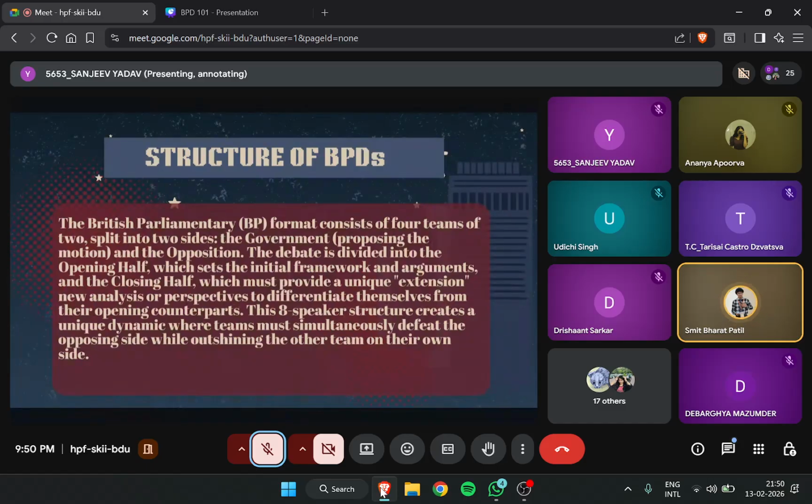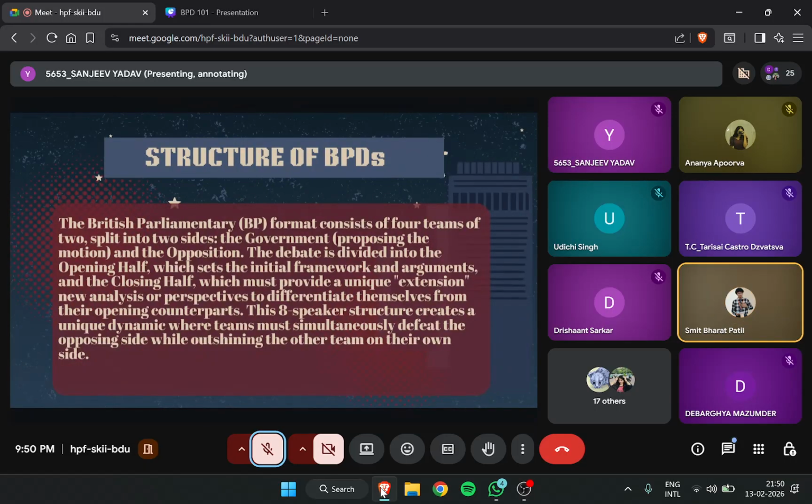Now, these eight speakers have a particular speaking order, and this is how British parliamentary debates work. I also want you to understand why POIs are more important in BPDs rather than in APDs, and which POIs are prioritized.